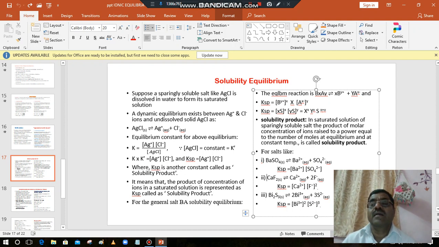We can apply the solubility product rule to CaF2. Ksp becomes like this. We can apply it for the salt Bi2S3, and we get the ions, cations Bi3+ and S2- ions, and Ksp is equal to concentration of Bi3+ raised to 2 into concentration of S2- raised to 3. This is about the solubility product.